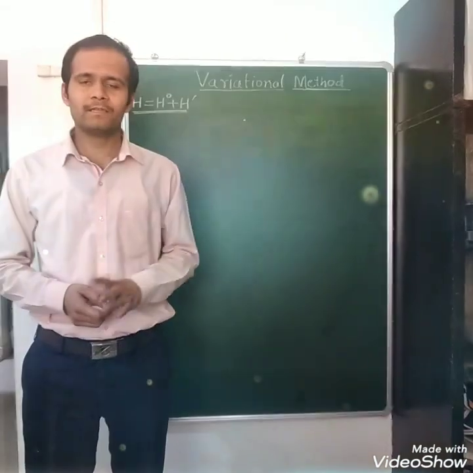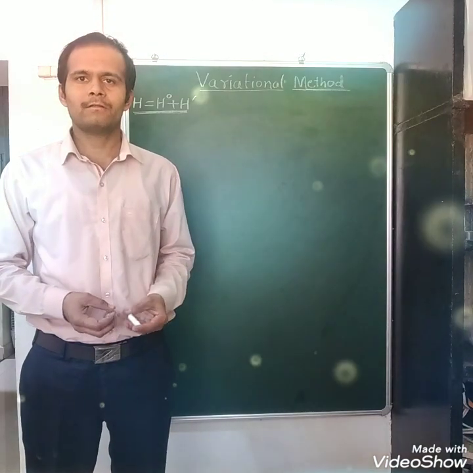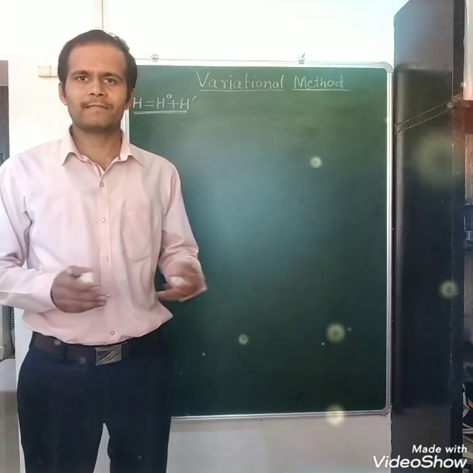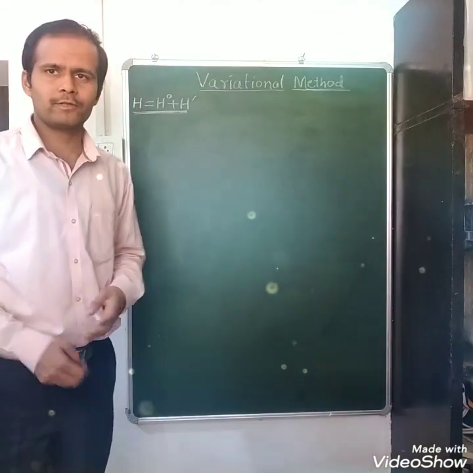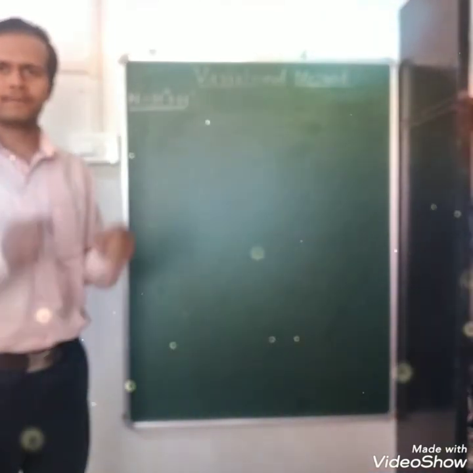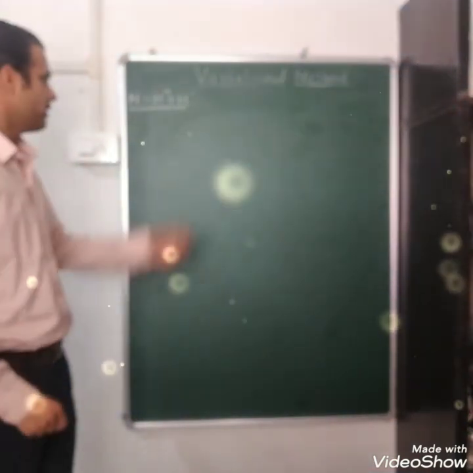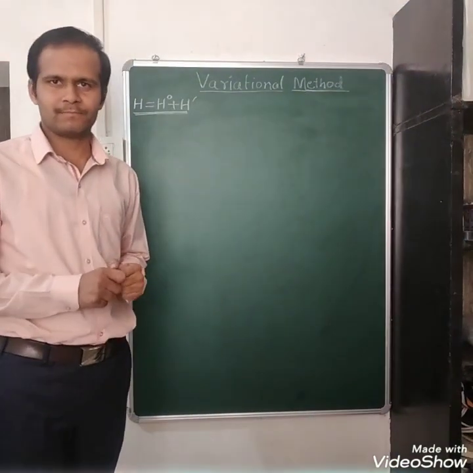Now, in other approximation methods, we can find the energy eigenvalues by considering, as the first step, H equals H0 plus H dash. Here H is the Hamiltonian of the given problem, H0 is the unperturbed Hamiltonian, and H dash represents the perturbation in that system.